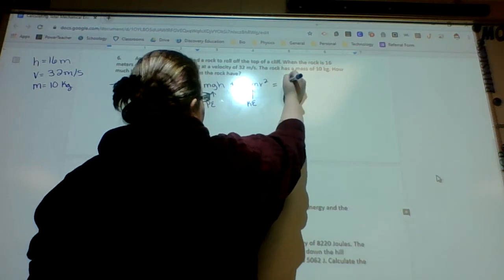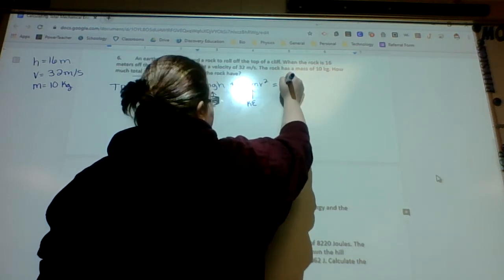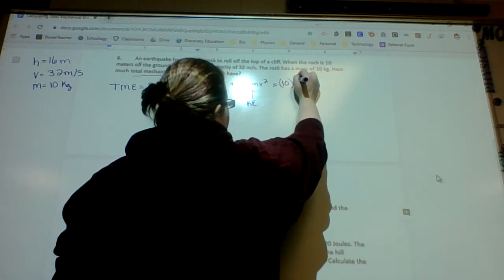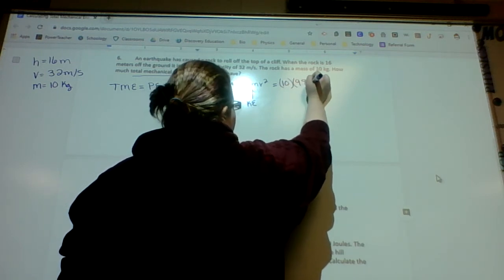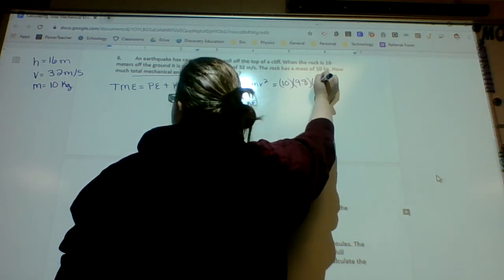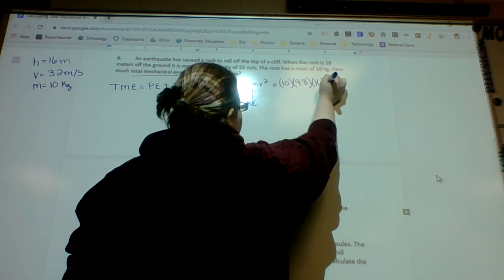So what I'm going to do is 10 kilograms times gravity, which is 9.8 meters per second squared, plus height, which is 16 meters.